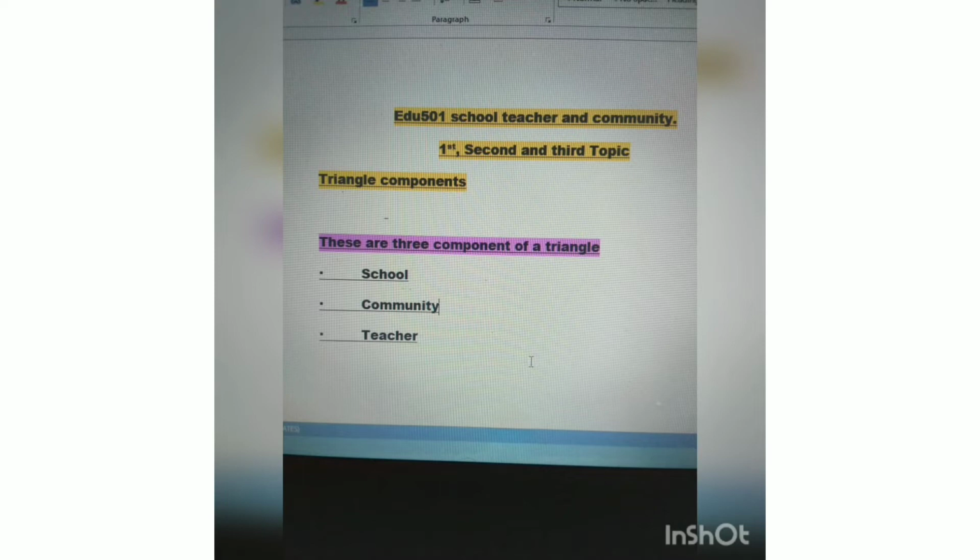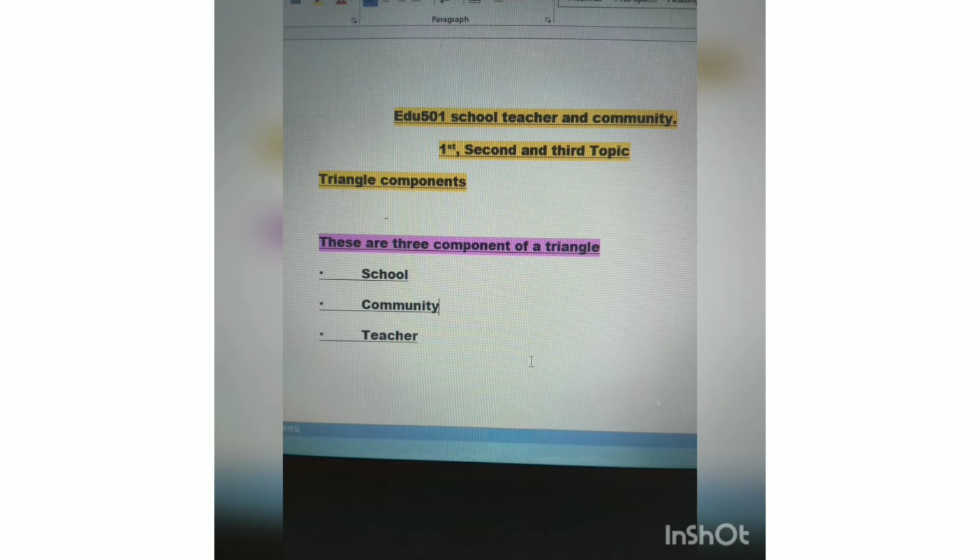Communities combine their practices, resources, and perspectives to form a shared knowledge, which is the base that informs their practice. Members of a community of practice have a common sense of purpose and a real need to know what the others know. So all of these depend on each other. School, teacher, and community depend on each other.